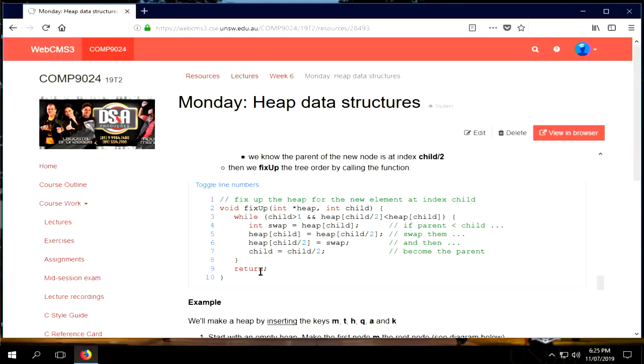Now, the thing that should hit you in the face is, my goodness, I've never seen so many arrays before in my life in one program. Oh, unclean. All those arrays, look at it. Array, heap child, heap child, heap child divided by 2.